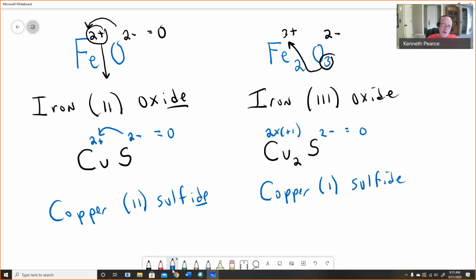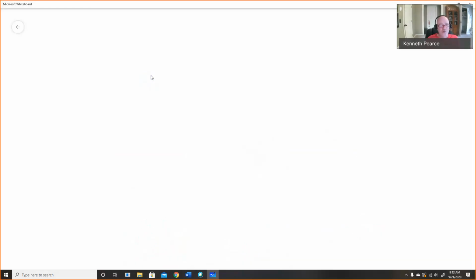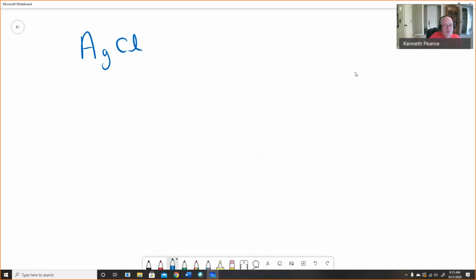Now, you don't put Roman numerals down unless you know that the metal has more than one possible charge. Silver, for example, is a transition element, but it's always +1, so we don't say silver Roman numeral 1. We say just silver, whatever it is. So if we had this right here, even though silver is a transition element, we don't say silver Roman numeral 1.